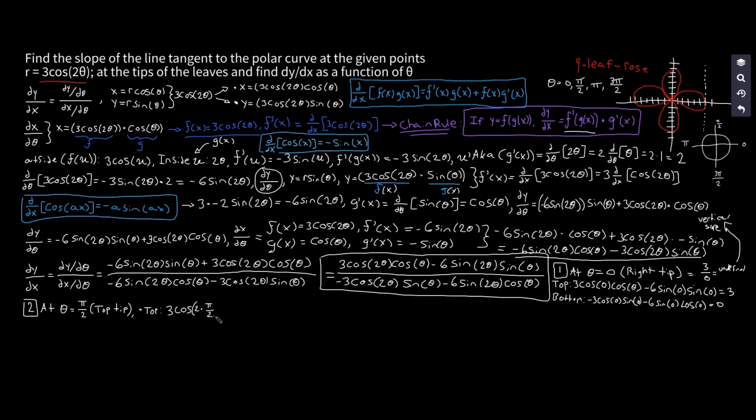No, pi over 2, times cosine of pi over 2, minus 6 sine of 2 times pi over 2.